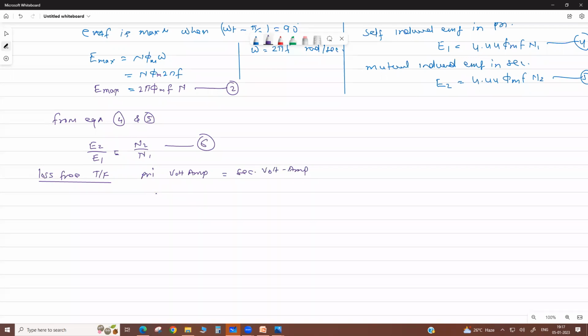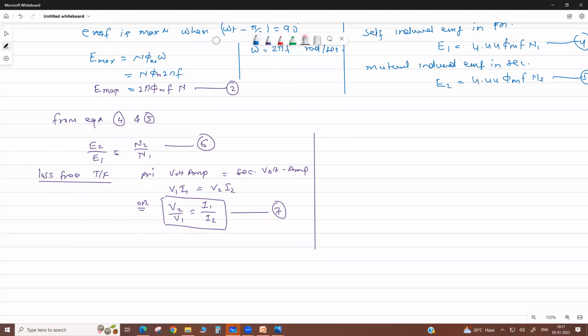Volt ampere means current and voltage. So V1 I1 equals V2 I2 in power, or we can write V2 by V1 equals I1 by I2. This is another relation, equation 7.